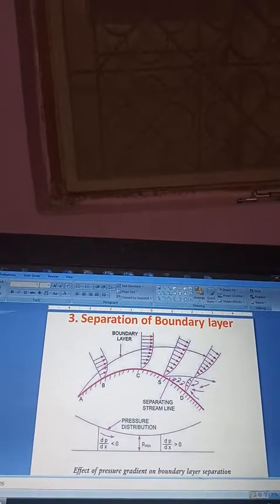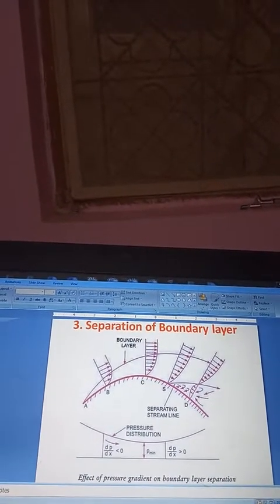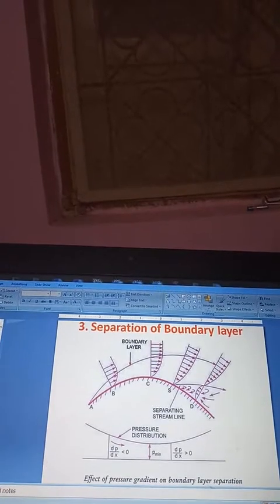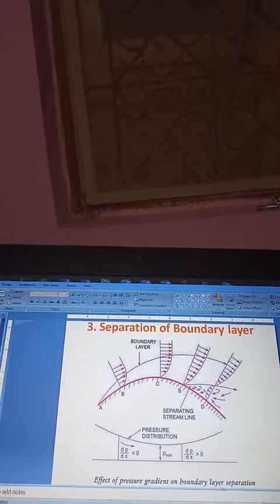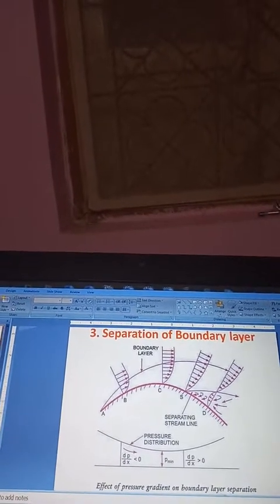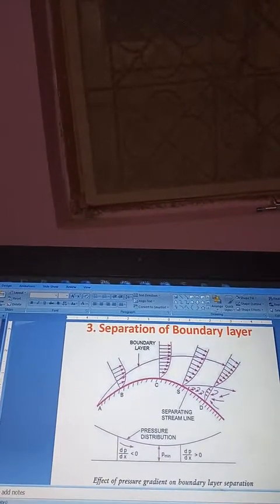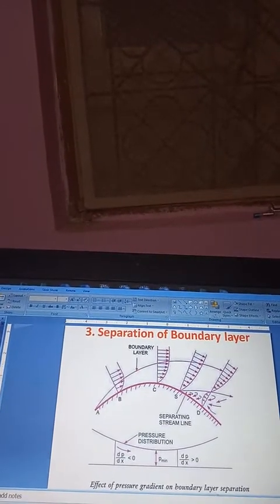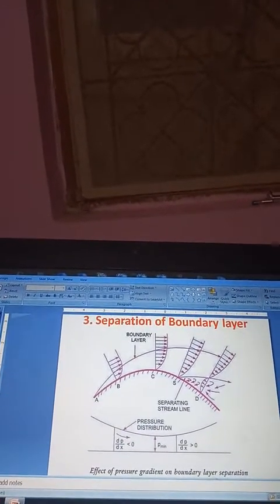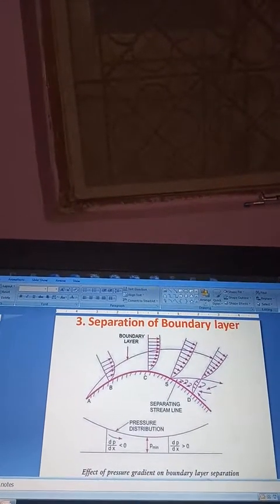If you see the circles, the formation of wakes, or what we can call rotational flow, takes place, and there is some negative velocity gradient, seen in the figure in the negative y direction. That is because of the positive pressure gradient, and after point S the boundary layer is detaching from the surface.